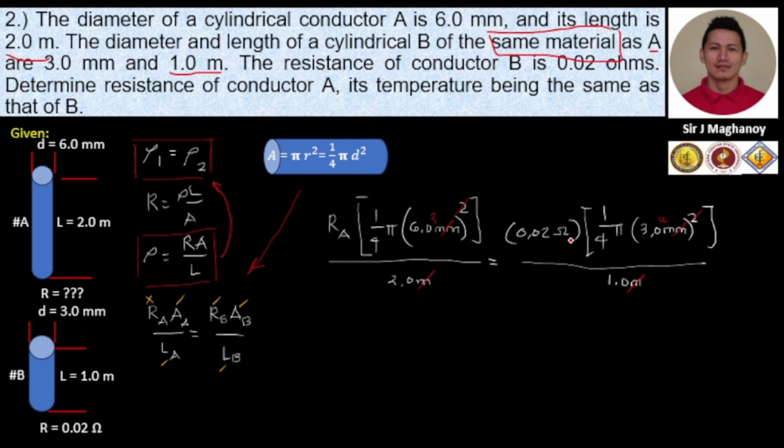Okay, so the remaining unit is ohms, which is the unit of our unknown, the resistance of conductor A. Doing the math, the resistance of our conductor A is equal to 0.01 ohms.